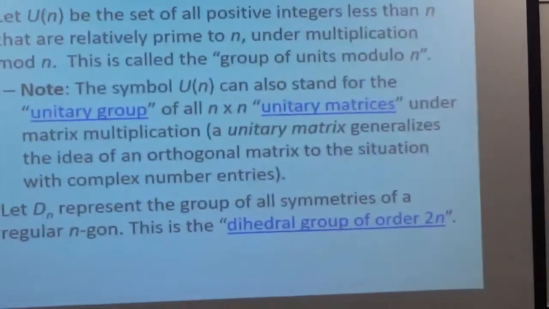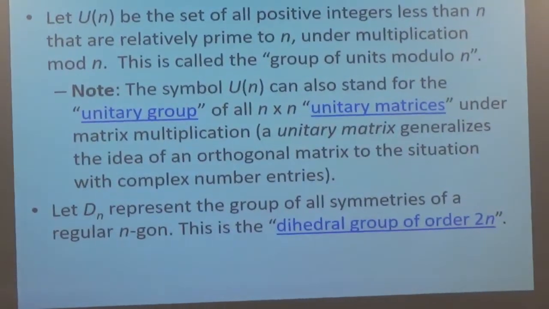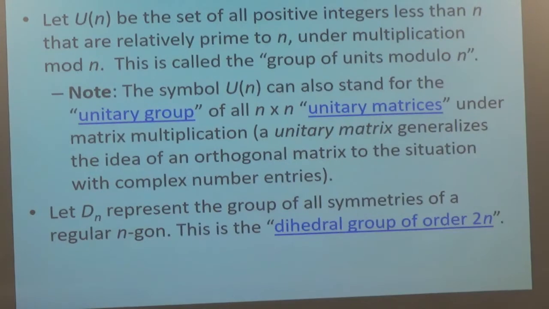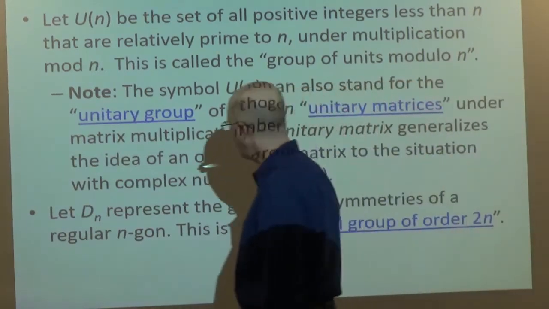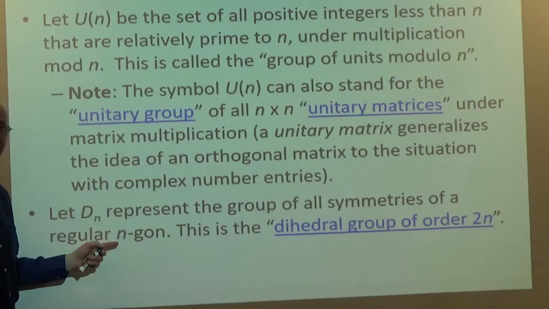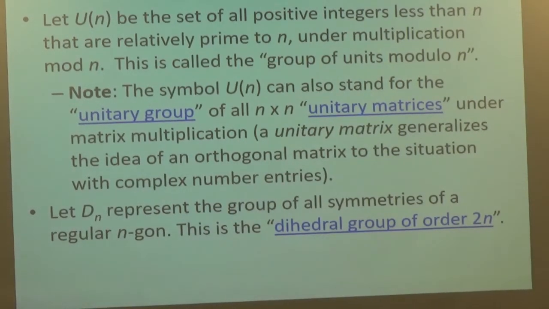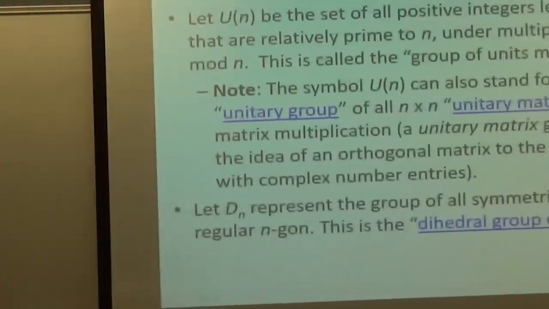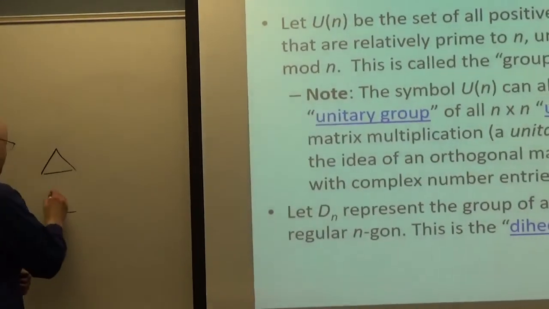You'll see in the book discussion of the symmetries of a regular n-gon, called the dihedral group of order 2n. By the way, you might wonder what an n-gon is. Well, n is greater than or equal to 3. A regular 3-gon is an equilateral triangle. A regular 4-gon is a square.